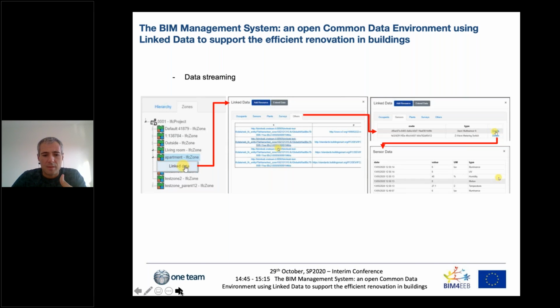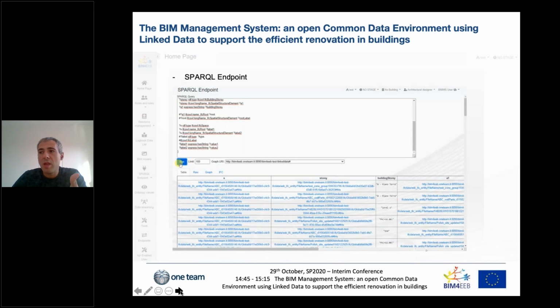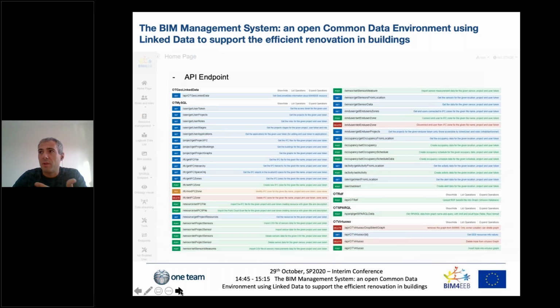This data is stored inside the BIM management system, and we have some functionality to query this data and to give this data to the other tools that perform some specific functionalities.